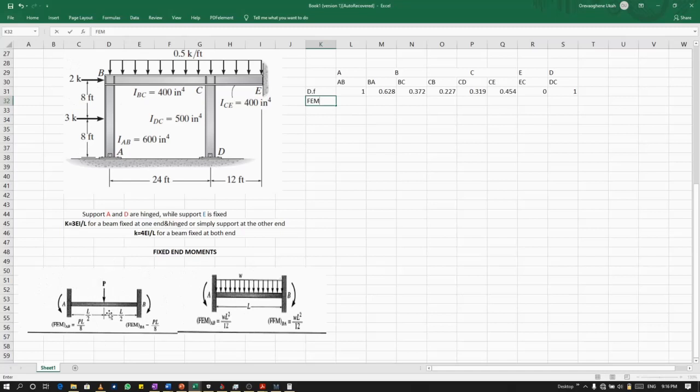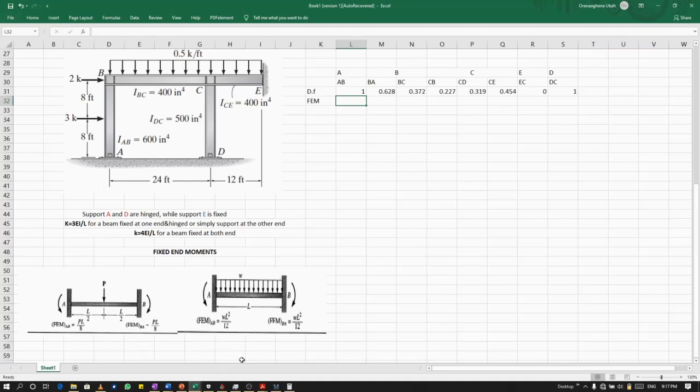Here we have a concentrated force at the middle, just like what we have here, and we have a UDL across this beam. For this situation, our P here is 3. So 3 times L, which is 192, all over 8.